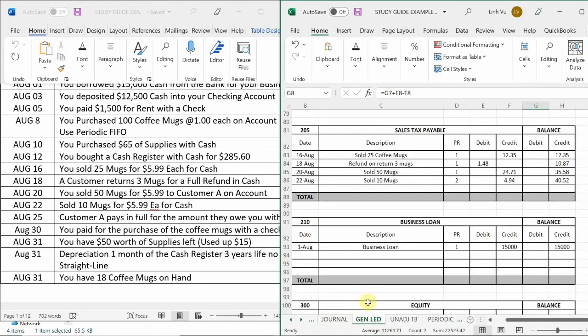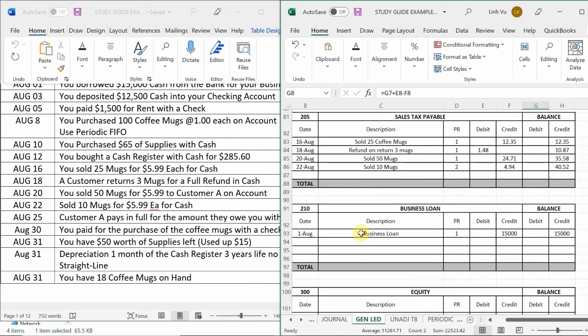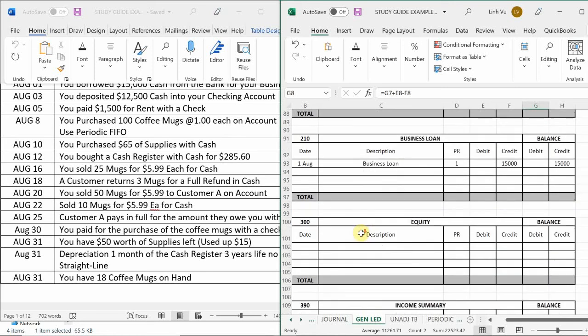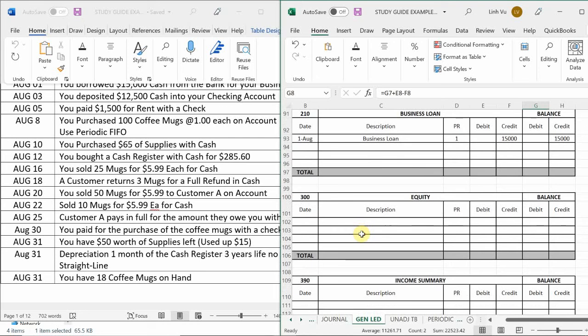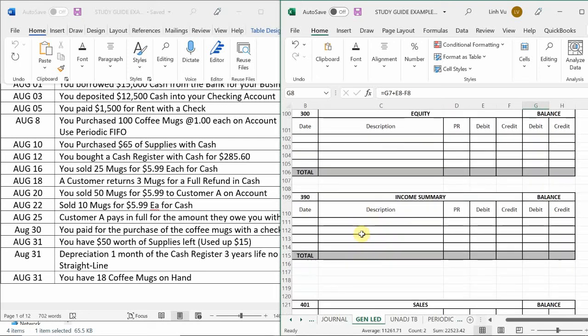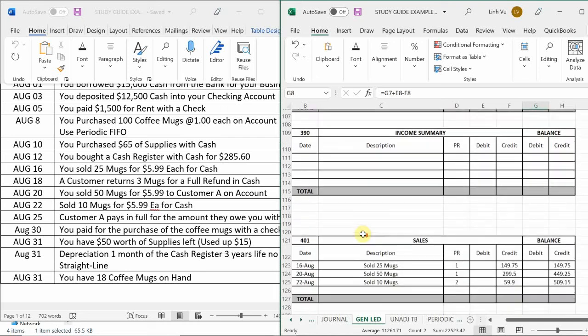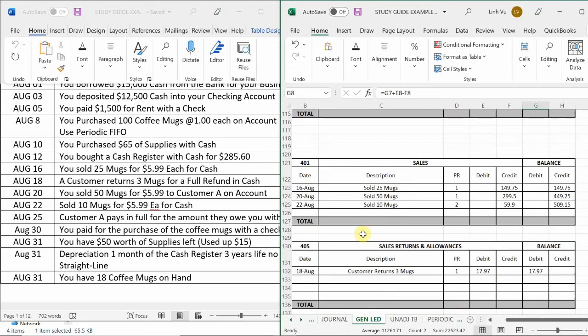Sorry, the ledger. Equity. We have nothing in equity. Income summary, nothing there. Sales. How much is in my sales? 509.15.